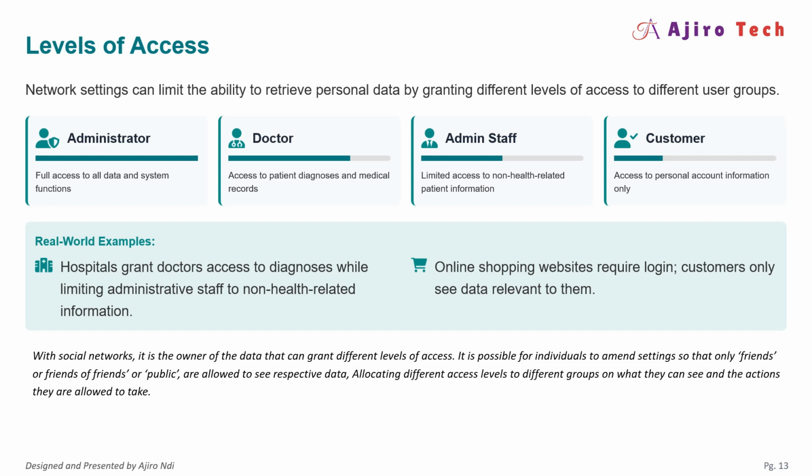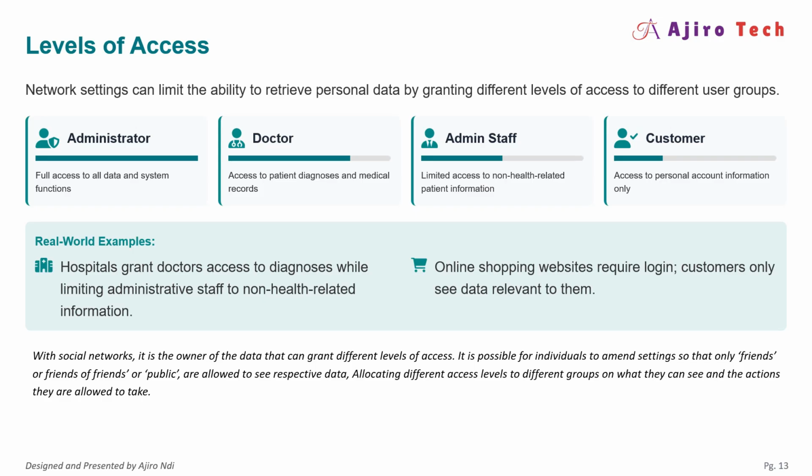So these are various levels of access to limit the kind of data you can have access to. Does that make sense? Let me give you another example. Online shopping requires a login.